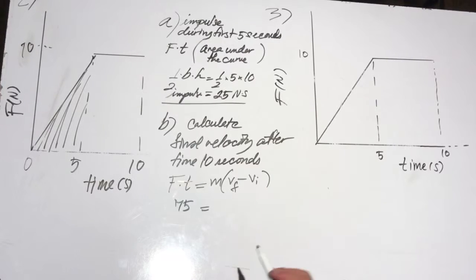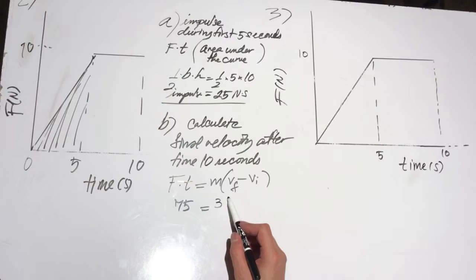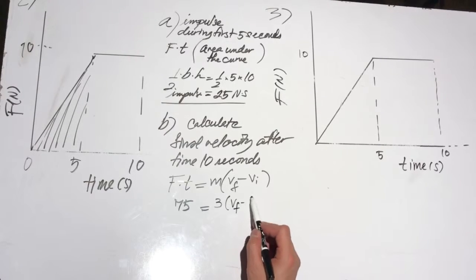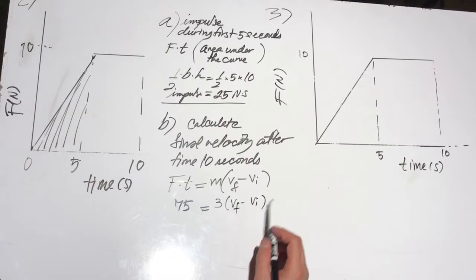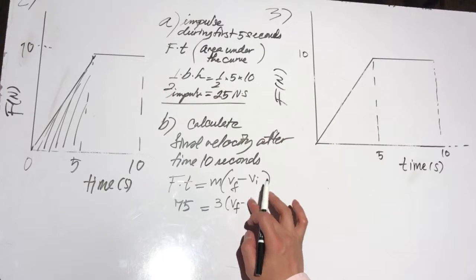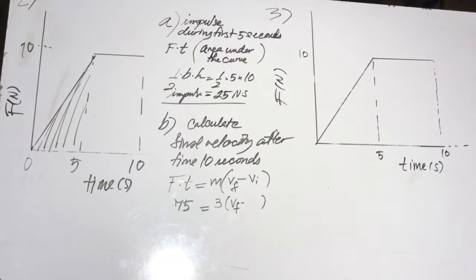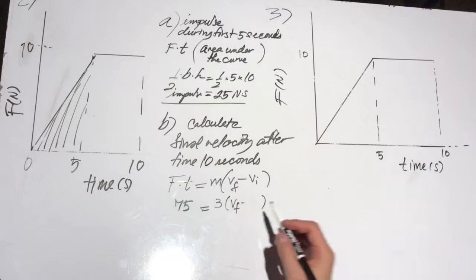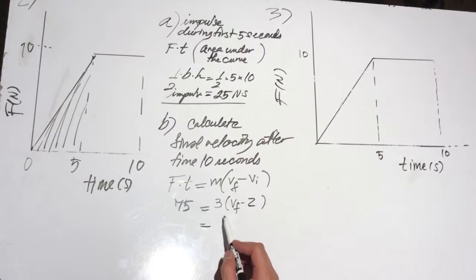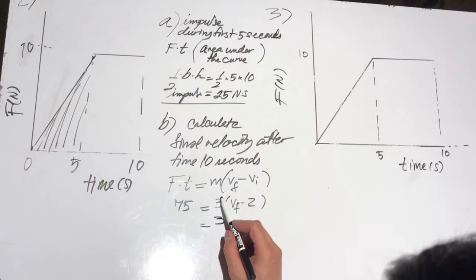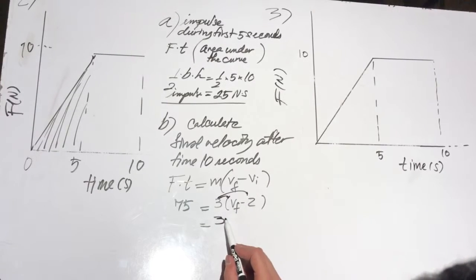The mass is 3 kilograms, times Vf minus Vi, and we know the initial velocity is 2 meters per second.